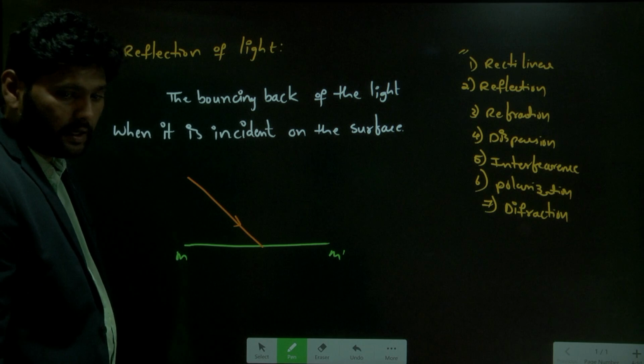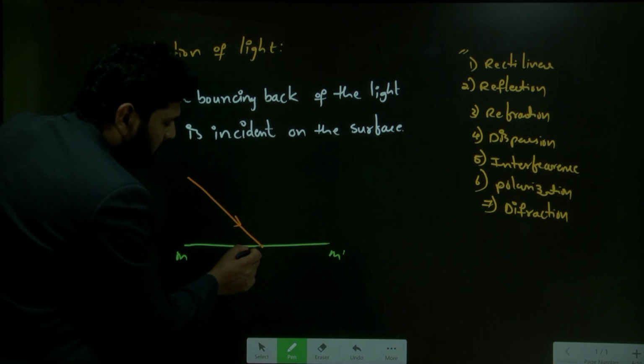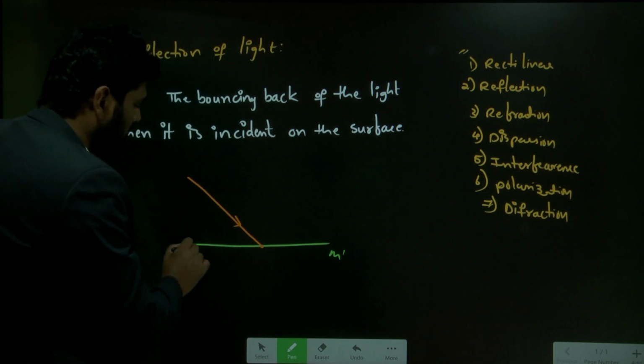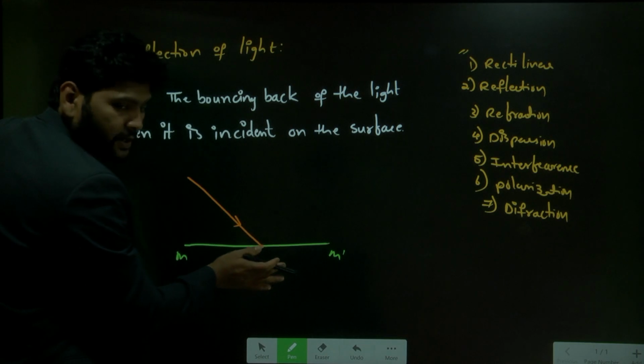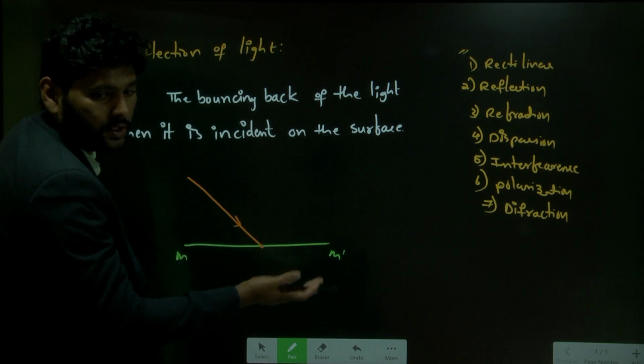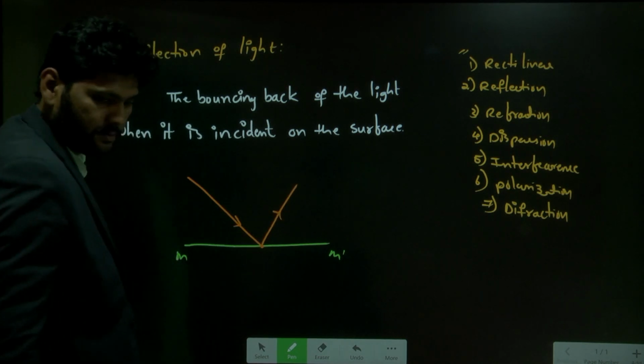This is called the point of incident. When a light ray is incident on the surface, it will bounce back into the same medium. This is the way the reflection takes place.